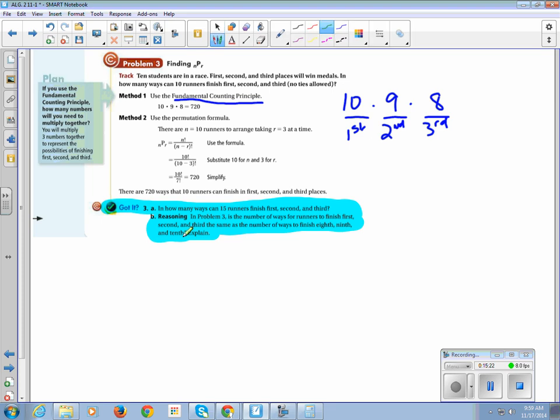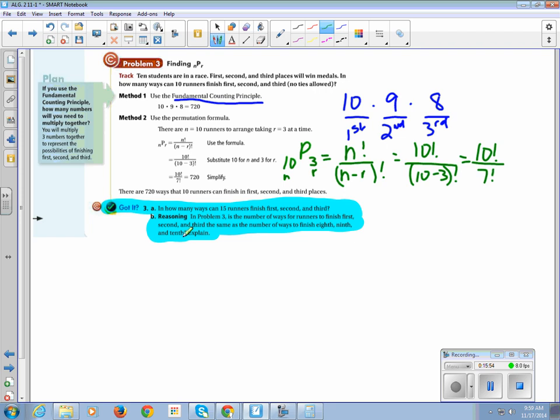So nPr, so we have 10 runners, but there's only 3 spots they can occupy. So that's n factorial over n minus r factorial, and we said n is 10 and r is 3. So that's 10 factorial over 10 minus 3 factorial.